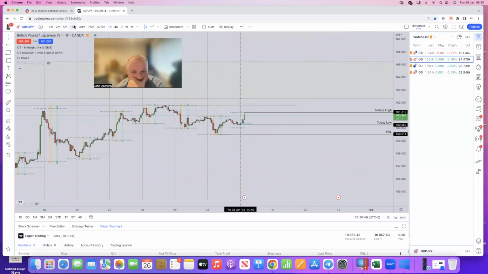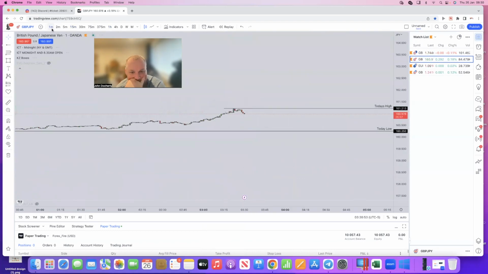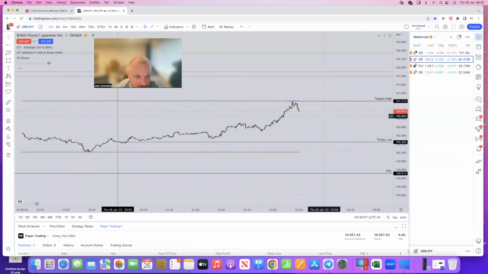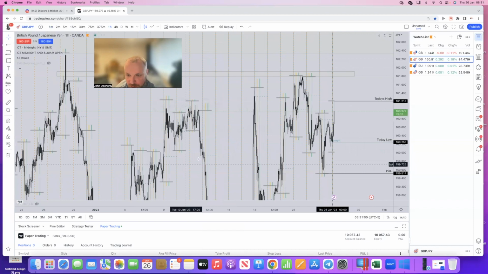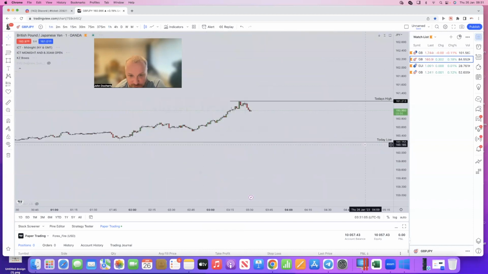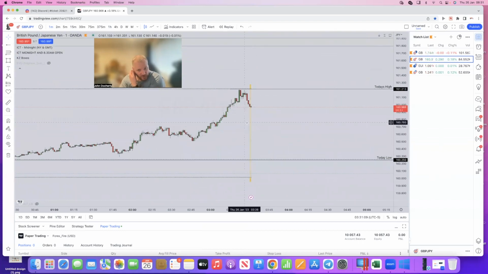So again, down to 15 minutes. Because we've broken the previous day high, there is a run of play for structure for a trade, to be fair. So there's the kill box starting to come in now.